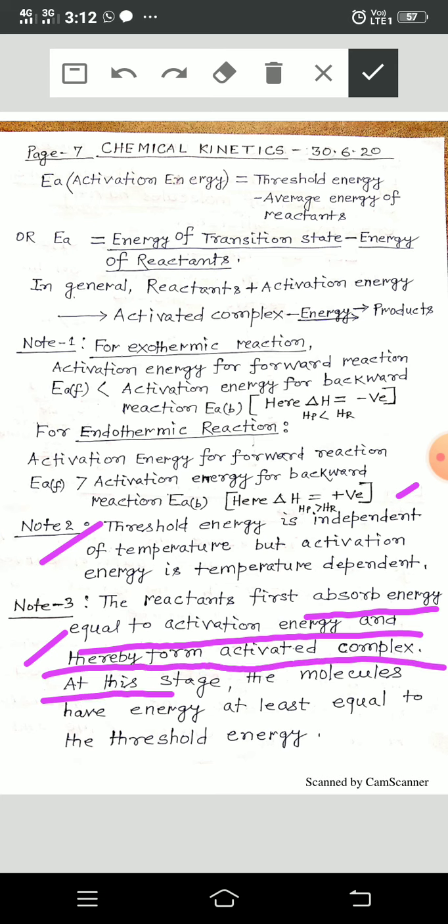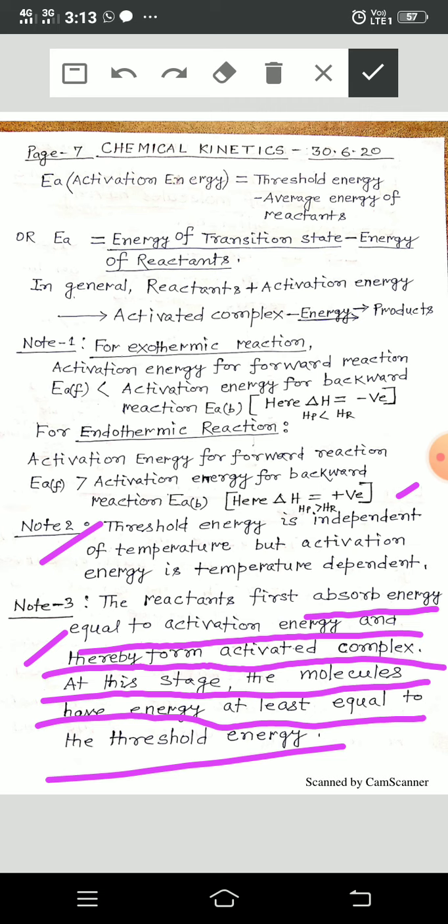At this stage, the molecules have energy at least equal to the threshold energy. If you read the note that I have sent you through PDF in your WhatsApp group again and again, you will understand it, no doubt.